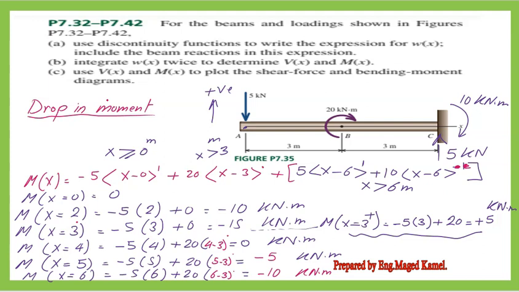So minus 25 plus 20 equals minus 5. Finally, M at x equal to 6 equals minus 5 by 6 plus 20 multiplied by (6 minus 3) to the power of 0, which is plus 20. So minus 30 plus 20 is minus 10 kilonewton meter.